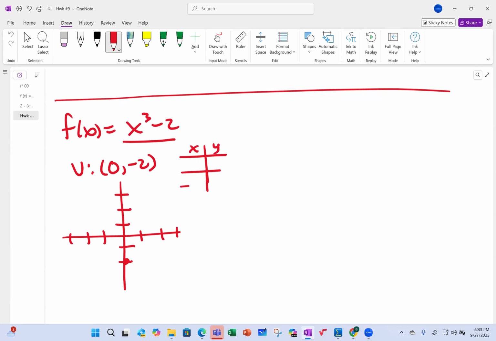This always has that same shape. So when x is negative 1, negative 1 cubed is negative 1, minus 2 is negative 3. When I pick 1, I get 1 cubed is 1, minus 2 is negative 1. So what have I got here? 1, negative 1, and then negative 1, negative 3.